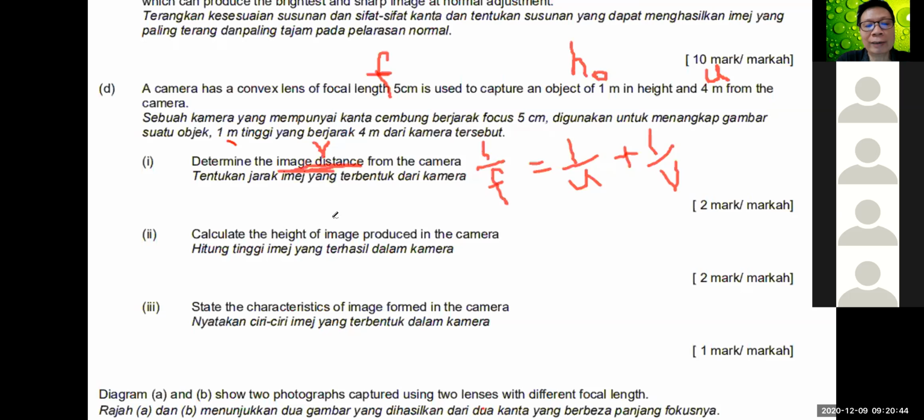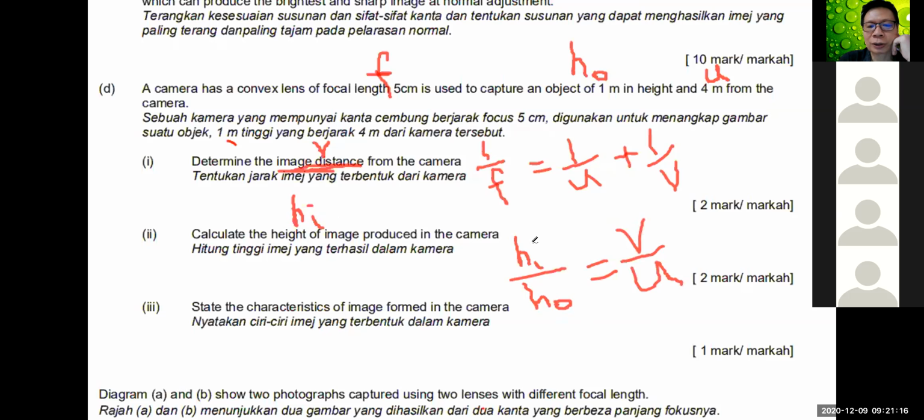Next one, find the height of image. This one you can use a formula: height of image over height of object equal V over U. Use this formula to find the height of image.